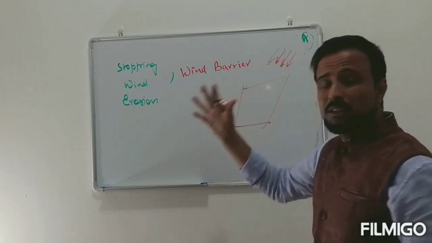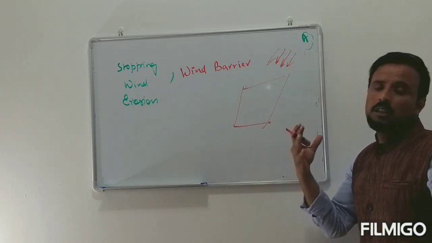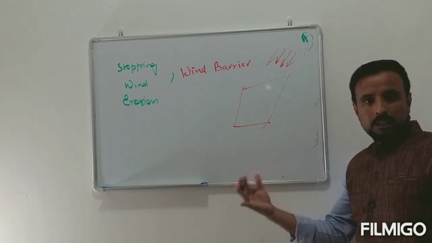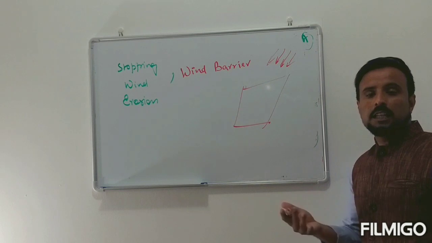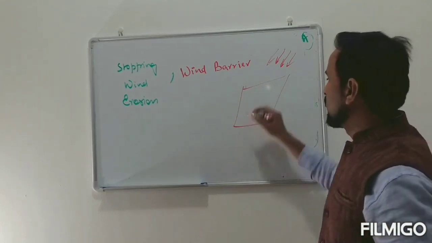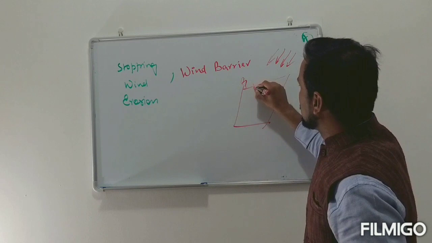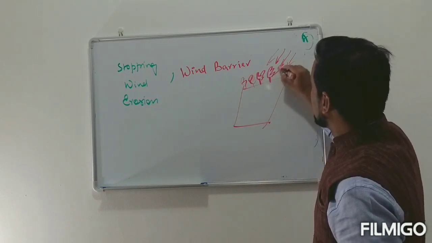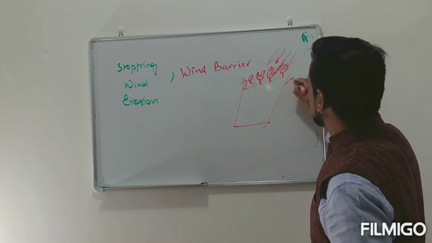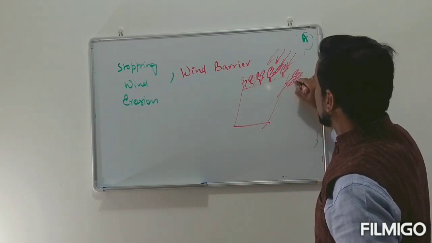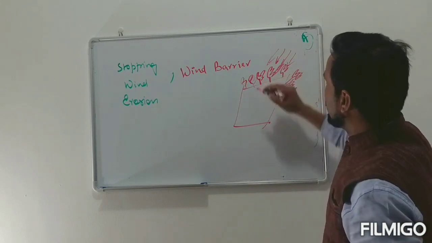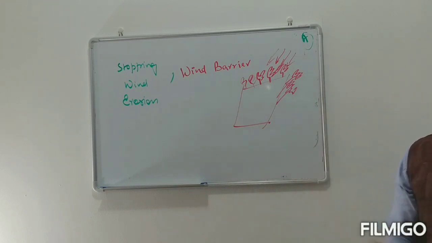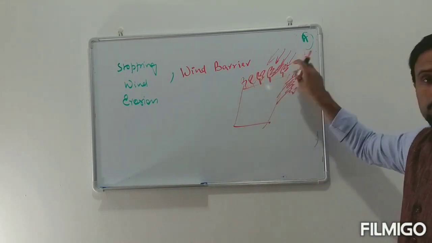After studying the wind erosivity, say what is the speed of wind every season, how much damage it can cause, after analyzing all these things, we designed a particular approach called the wind barrier method, in which we plant trees along the boundaries, right, like this. Suppose here also, like this, we plant trees. So when wind is coming, the speed of the wind can be diverted by the presence of these trees.